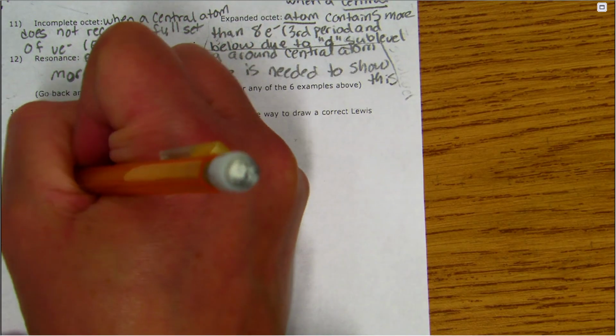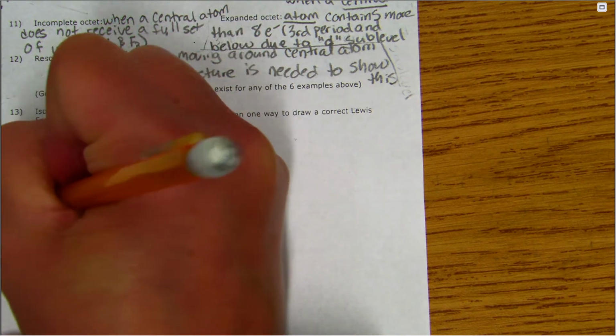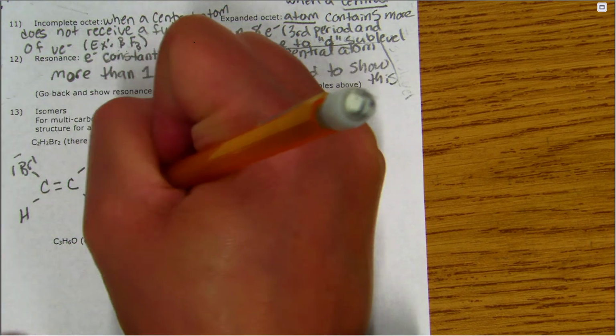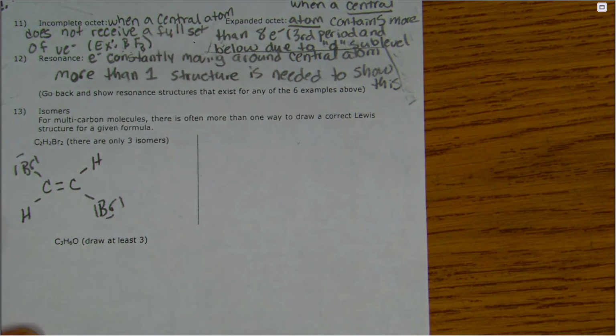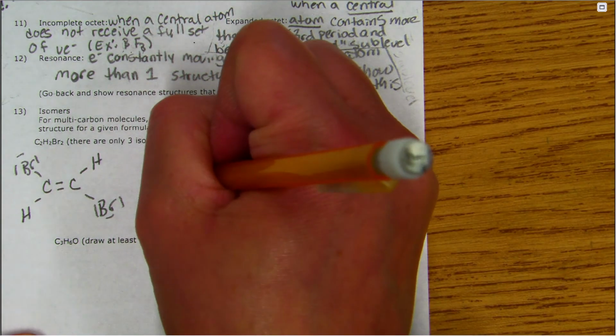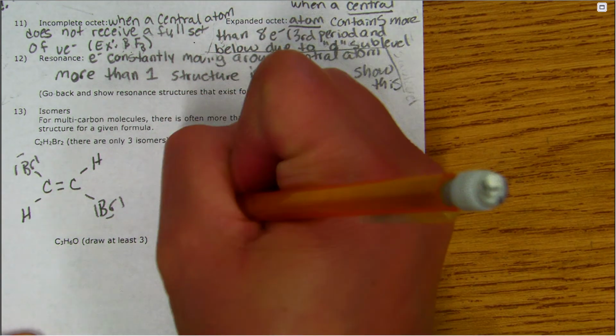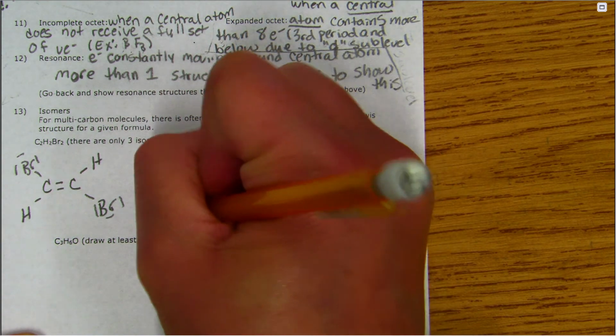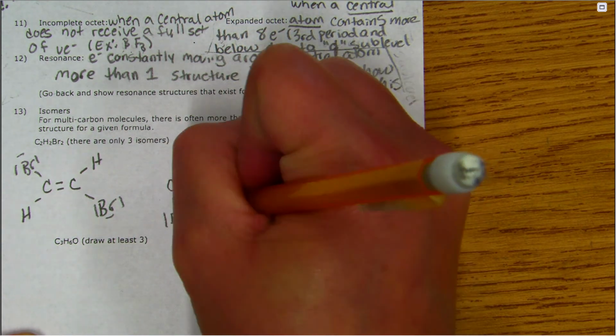All right, so let's draw. You may have drawn it to look like this. Or you may have drawn it to where our bromines are both down and our hydrogens are both up.